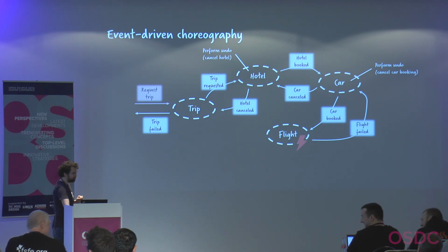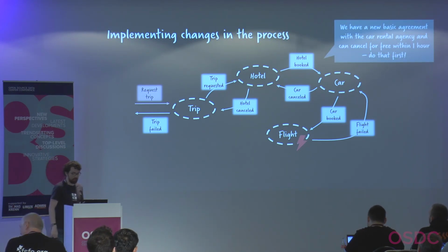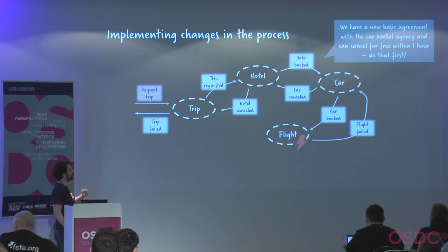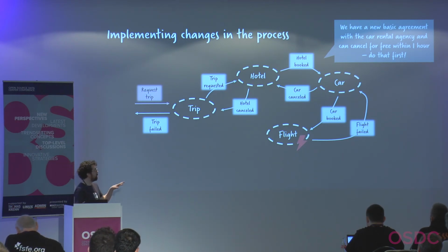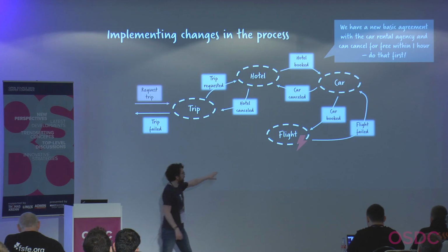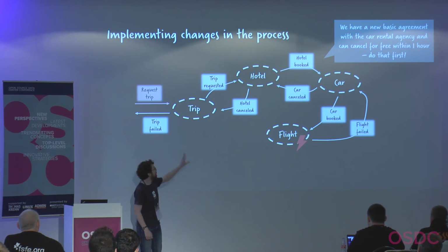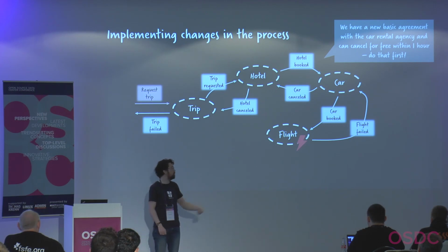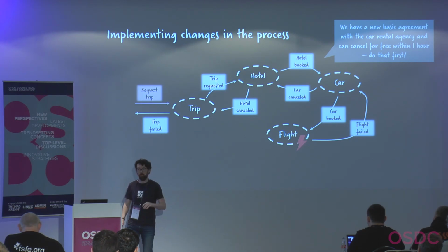So in this scenario, we have a basic agreement, and then we change this process slightly, because now we've agreed the car rental one, we're going to swap sides. Usually the flight is last because it's the one that costs money to cancel. Usually you can cancel hotels for free. Sometimes car companies, we don't really know.